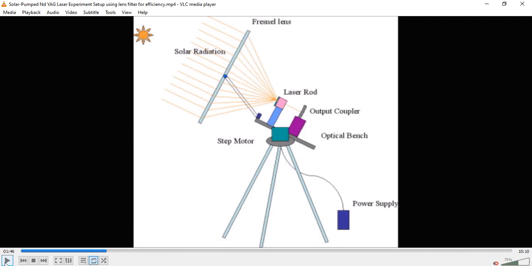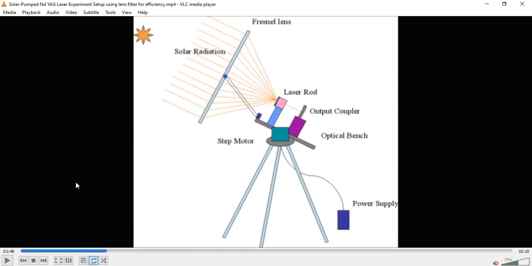I was interested in using solar radiation focused on this laser setup, and I did this a few years later, in 2018, when we had a heat wave, an excellent period of clear, bright, sunny weather in Ireland.